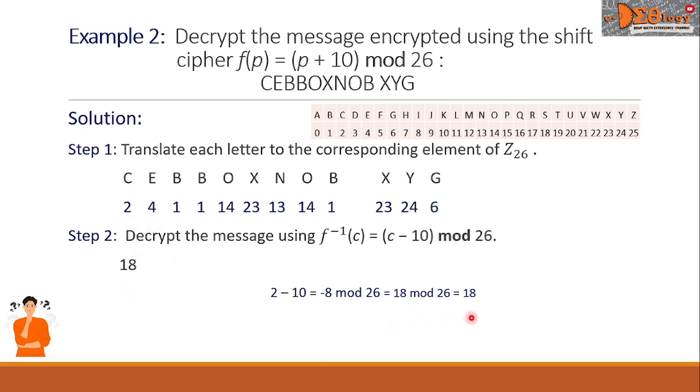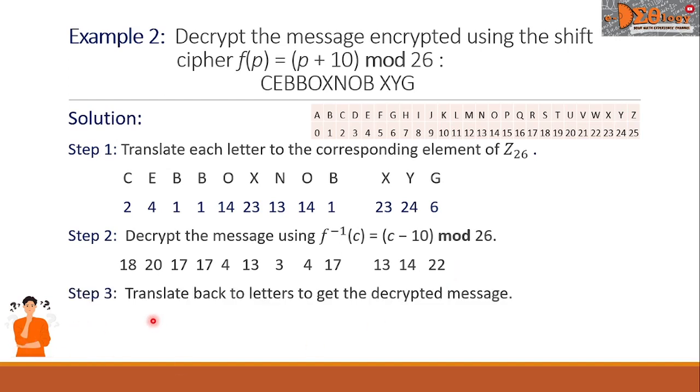This pattern we're going to use for the remaining numbers. The number 4 becomes 20, 1 becomes 17, 1 becomes 17, 14 is 4, 23 is 13, 13 is 3, 14 is 4, 1 becomes 17, 23 is 13, 24 is 14, 6 becomes 22.